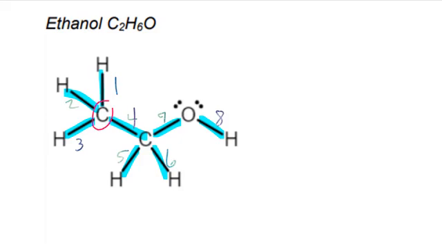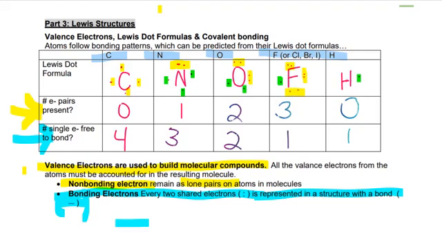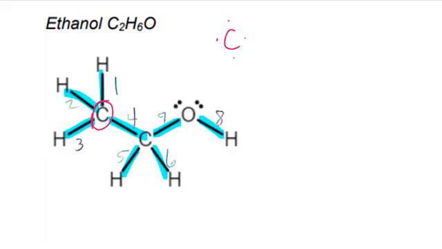And now let's look at individual elements here. So let's look at this carbon. Carbon, as we just talked about from that last slide, has 4 valence electrons. And therefore, when we look back at this, 4 outermost electrons, so it has 4 single electrons to make bonds. Notice that there is 1, 2, 3, 4 bonds coming off of that because there was 1, 2, 3, 4 outermost electrons.